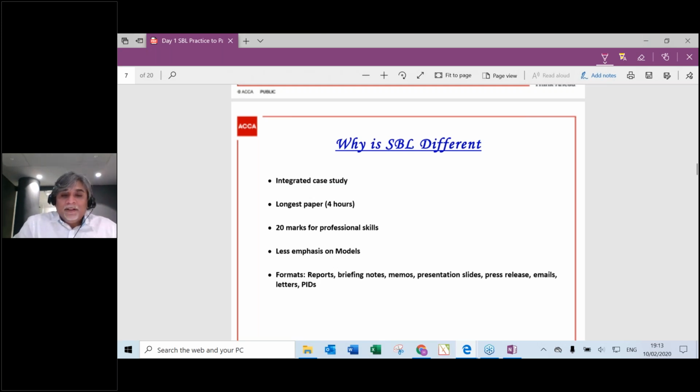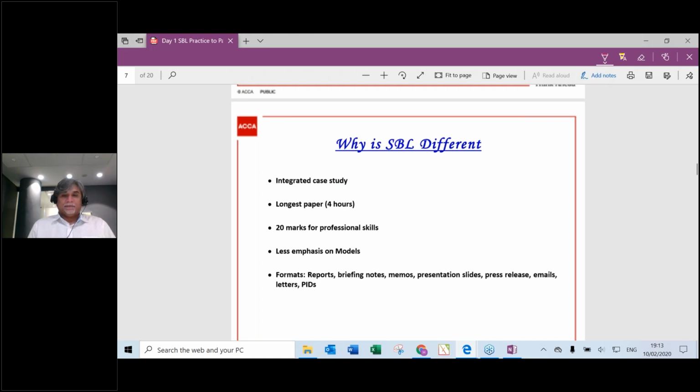The third big difference is 20 marks for professional skills. In your previous papers, the maximum marks for professional skills was 4. This one, 20 marks for professional skills. So imagine 20% of your paper is professional skills, and there is no chapter on professional skills.